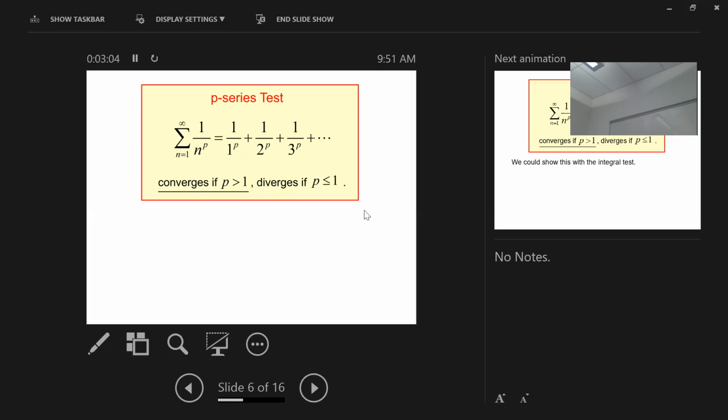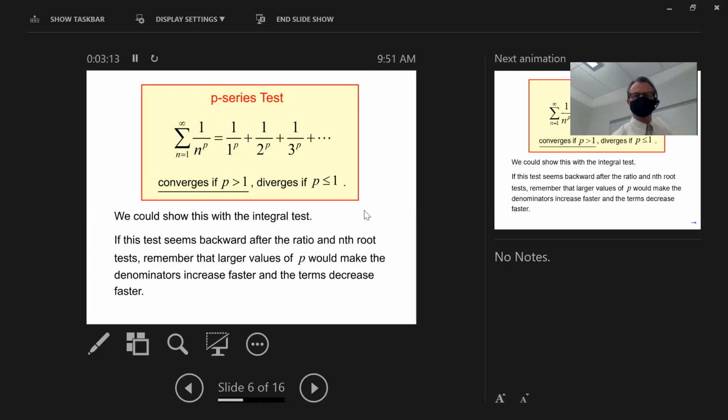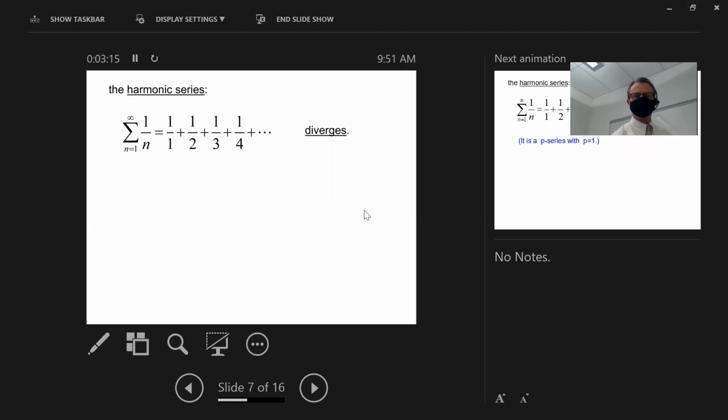You'd have 1 plus 1/2 plus 1/3. The harmonic series, there it is. That's the P series where the P is 1.